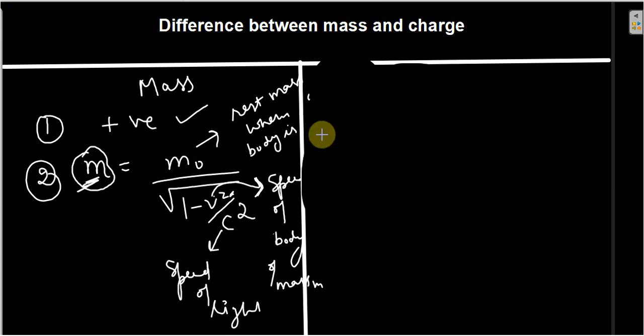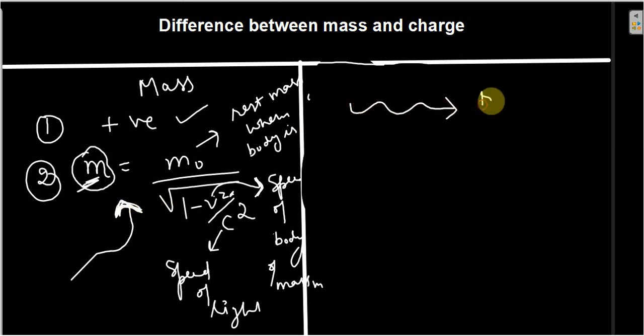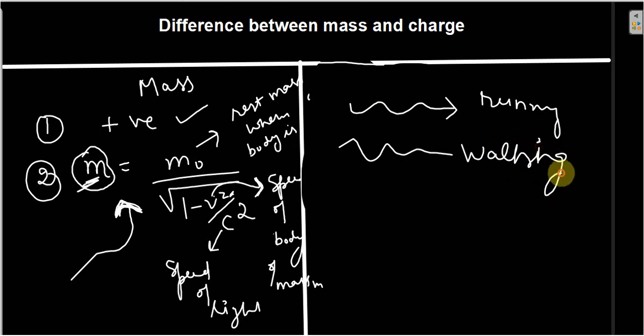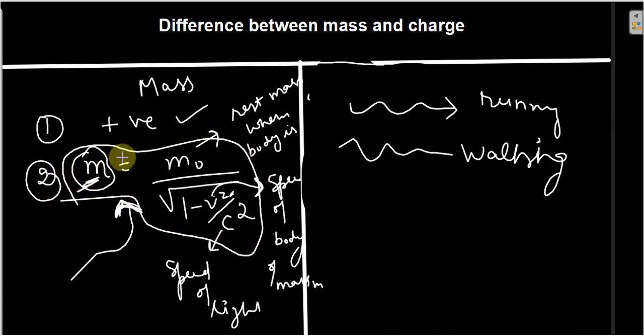Now the question is why we cannot observe mass variation in our daily life. When you are jogging or walking, your mass is not varying as we observe. But according to this relation, when a body is in motion, the mass should increase.